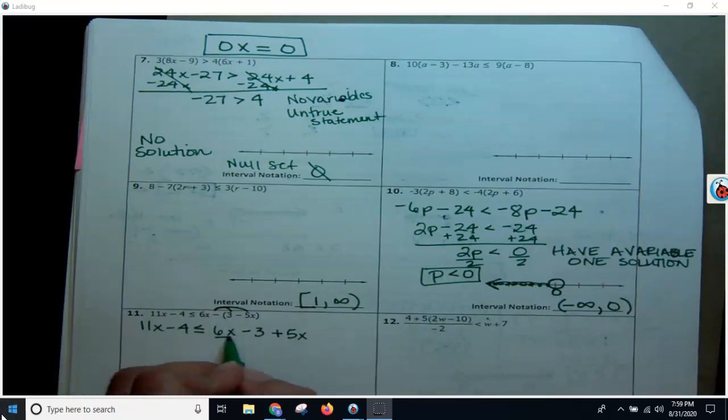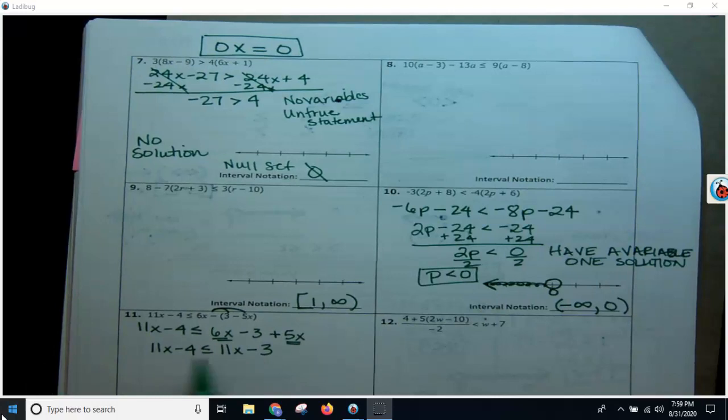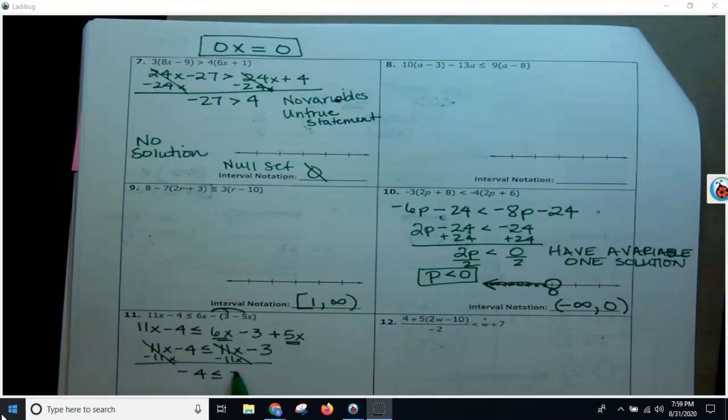So now I'm going to combine my like terms, and I'm going to get 11x minus 4 is less than or equal to 11x minus 3. So then I'm going to subtract 11x from both sides, and I'm going to get 0x, which is 0. So I get negative 4 is less than or equal to negative 3.